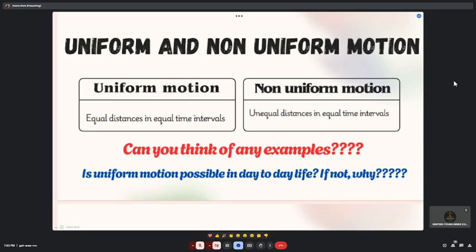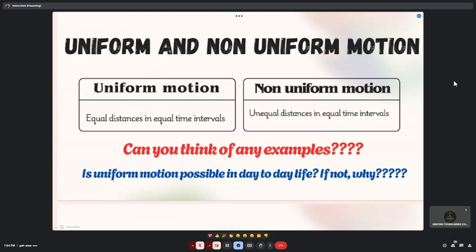Uniform motion is almost impossible to regulate in daily life. It is not possible to have uniform motion because of certain aspects. One is the structure of the road, another is the traffic, third is the driver's abilities. What other things can you think of for not having uniform motion in daily life?